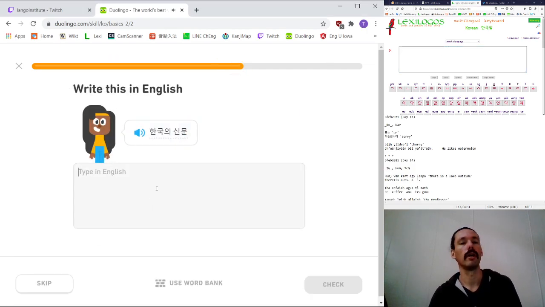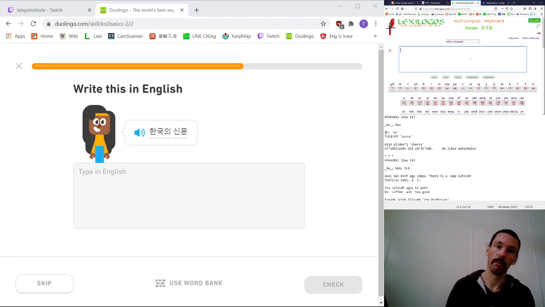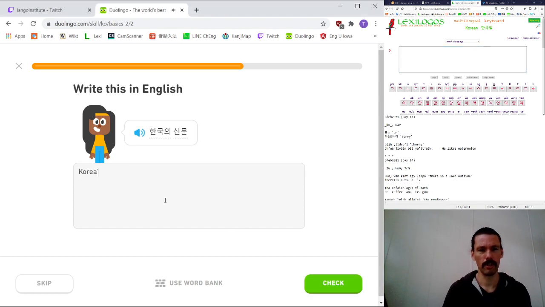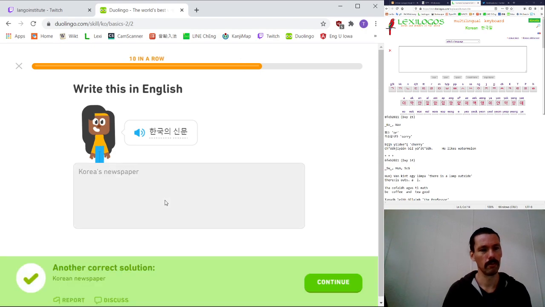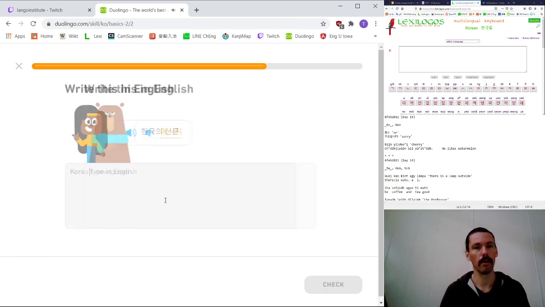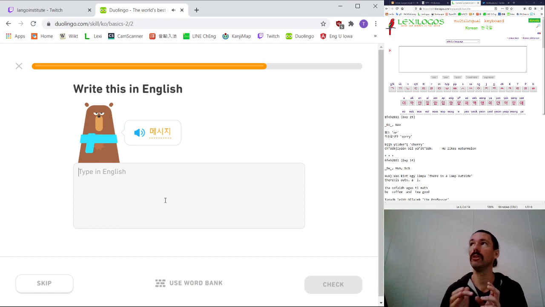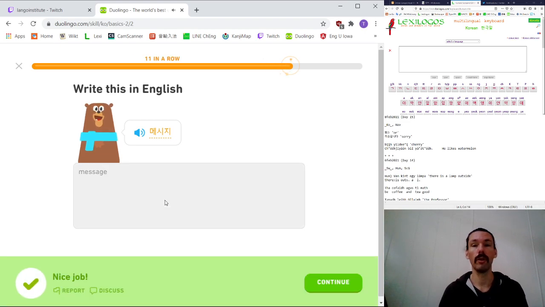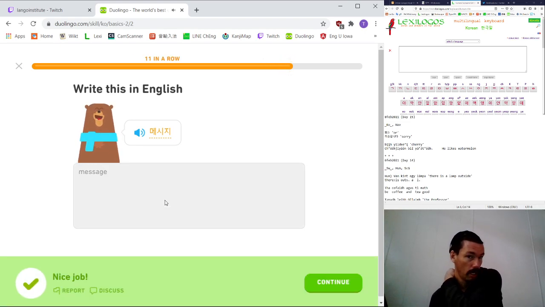한국의 신문. 한국의 possessive, so it could mean Korea's newspaper or something pertaining to Korea. Korean, I'm going to say. Place. 한국의 신문. I'm going to say Korea's newspaper. Korean. 메시지. So that 의, written, pronounced e, means pertaining to such and such. Message is a message. We at Lango like to call this Konglish.